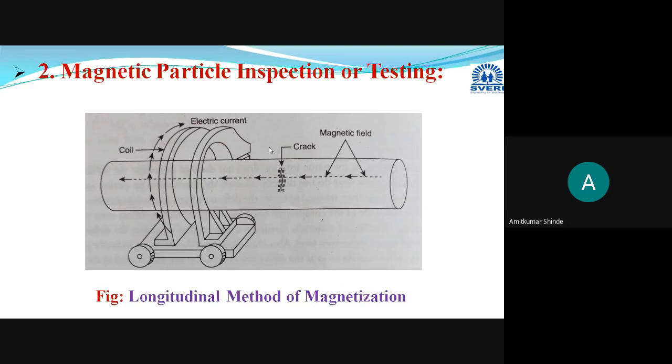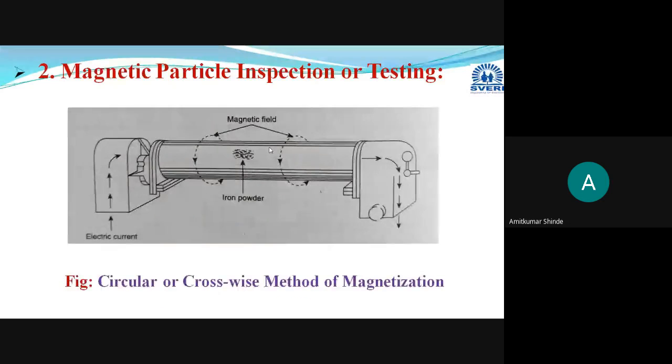I will explain them in brief one by one. The names are given depending on the direction of the magnetic field created. Why is the name circular or crosswise magnetization given here? Because the magnetic field created is in a circular or crosswise direction to the specimen.